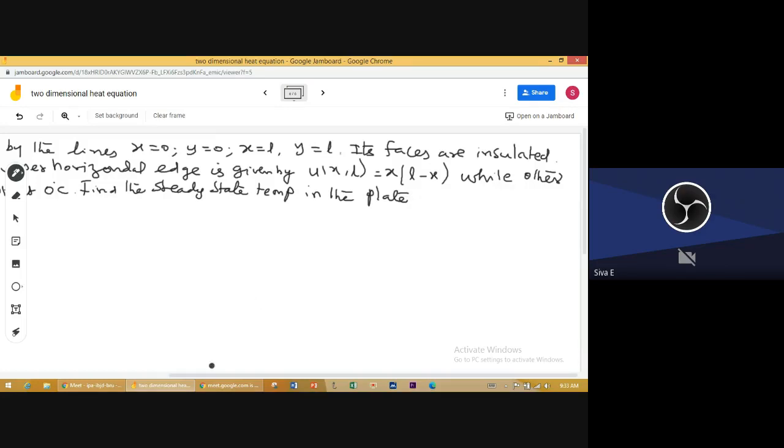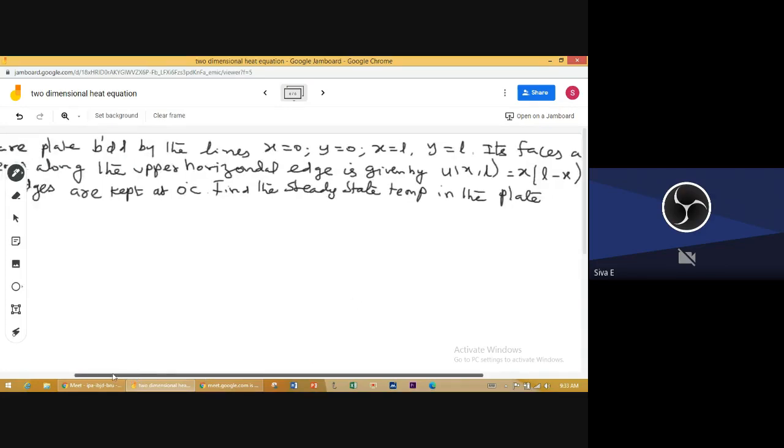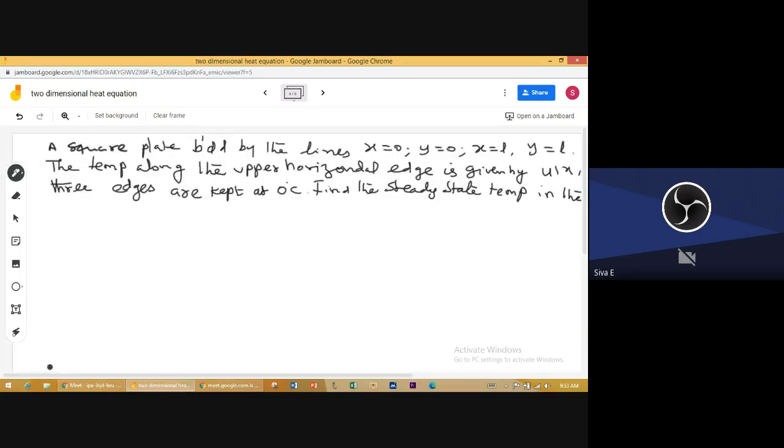Okay. So first we draw the diagram for this given problem. A square plate bounded by the lines x equal to 0, y equal to 0.